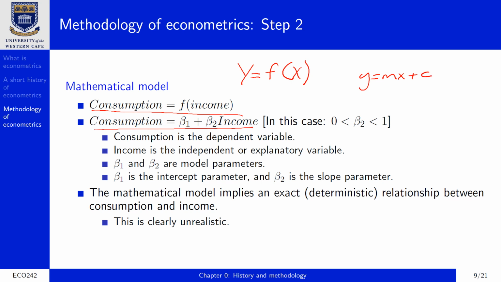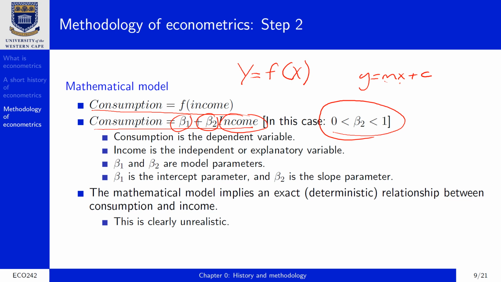Only difference here being that consumption is y, c is beta 1, the slope parameter m is beta 2, and the independent variable x is income. So now we have our mathematical model of the theory, and of course with the condition that beta 2, the slope parameter, lies between 0 and 1.